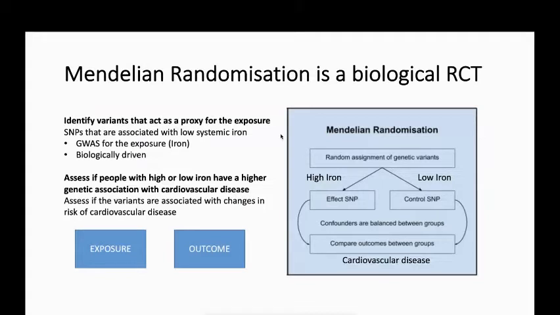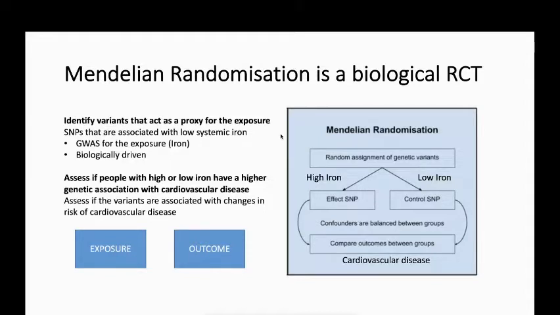I think this is a key slide, and was something I was trying to emphasize when we were discussing the proposals, is that we can draw a lot of similarities between a Mendelian randomization study and a randomized controlled trial, because we identify variants that proxy different levels of exposure, and then we essentially randomize people according to this biological or genetically determined risk of exposure.